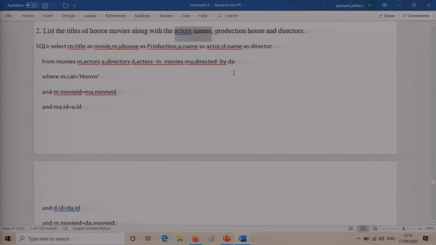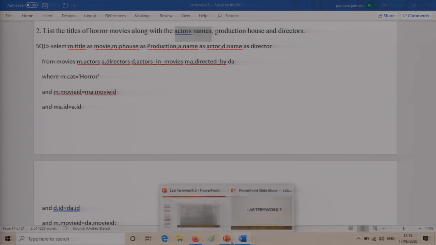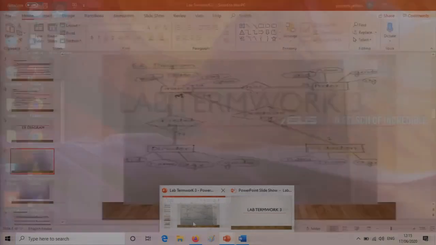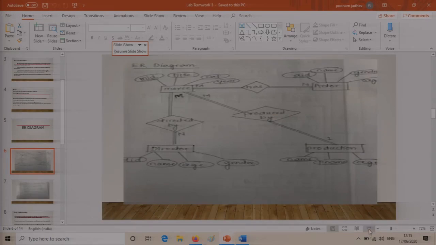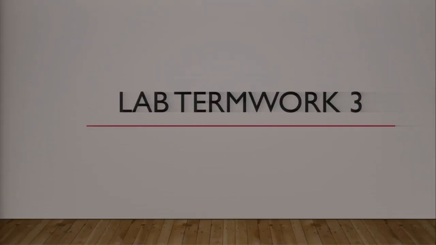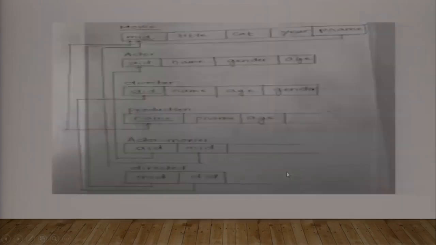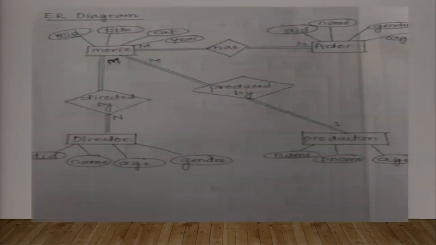So now if you can just try and recall. When I'm talking about the 3 tables, they have to be taken into consideration, that is movie, the director and the production.